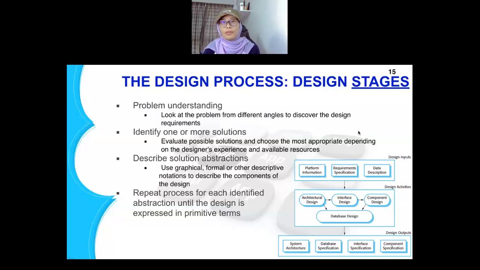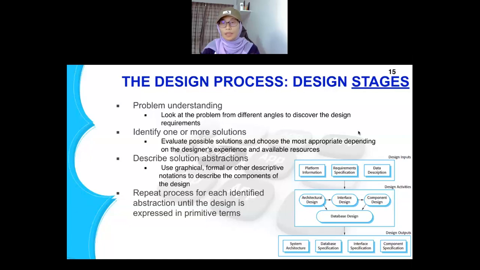In software design we have three stages: design input, design activity, and design output. This one is the most important. Design input is still in the requirement specification. In the SDLC, in the design, we already start the analysis process and start to design for the development process.